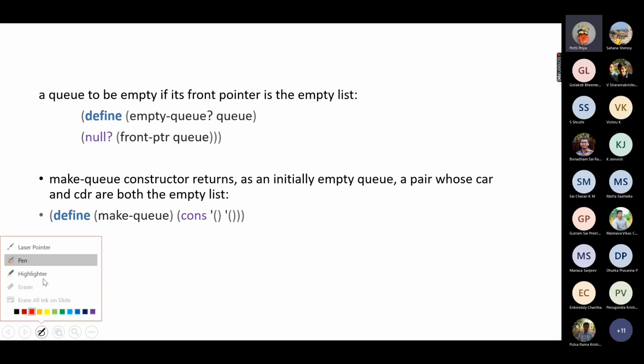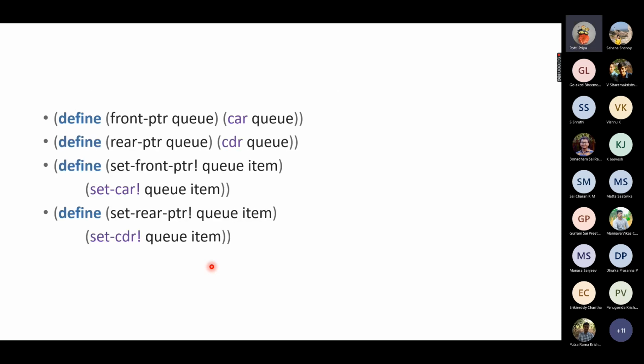Ma'am, just a minute. These are mutators. Set-car! and set-cdr! are inbuilt, no, ma'am? Yes, these are mutators we have studied already, right? Ma'am, is the Racket software supporting it? Because mine is giving errors.